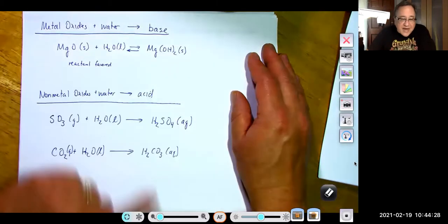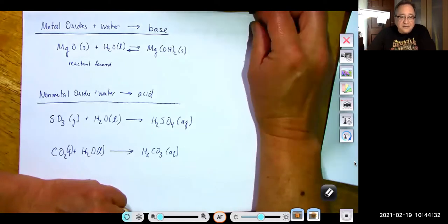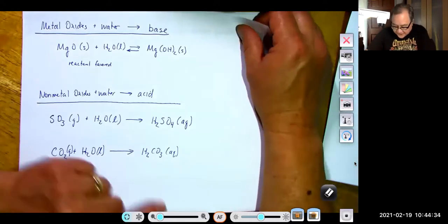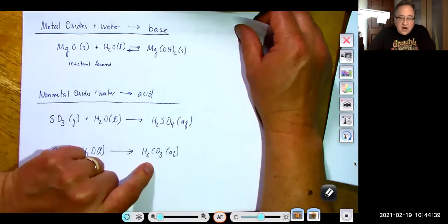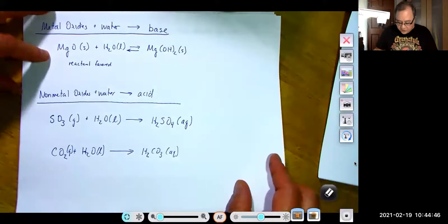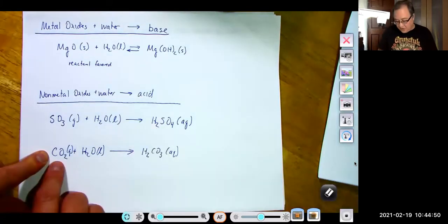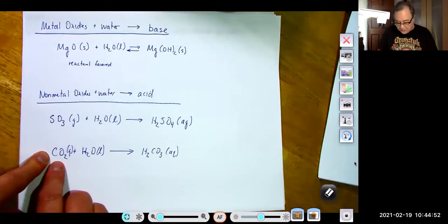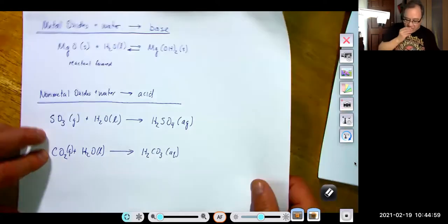What kind of acid is that? It's called carbonic acid. Now, this is a weak acid and this is a strong acid. So carbonic acid doesn't really cause that acid rain type of stuff because it's a weak acid. Now, if CO2 made a strong acid, I guarantee you that all the governments of the world would do a lot more work to try and get rid of CO2 gas getting into the atmosphere. Okay, so that's that one.